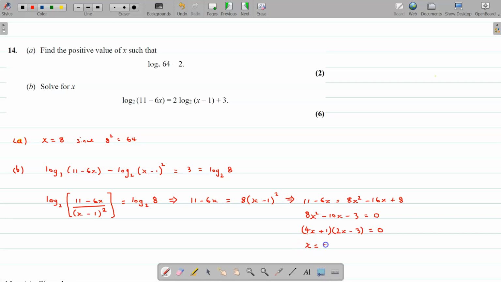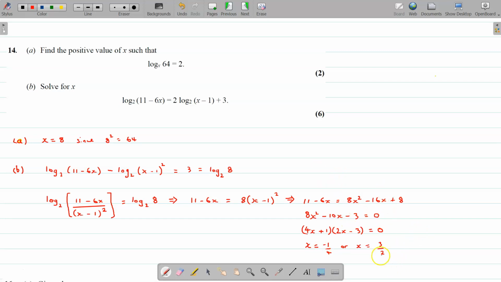We need to check them carefully. x equals minus a quarter, or x equals 3 over 2. Now, before we conclude with those two solutions, we check them, because remember, a log cannot be taken of a negative number.